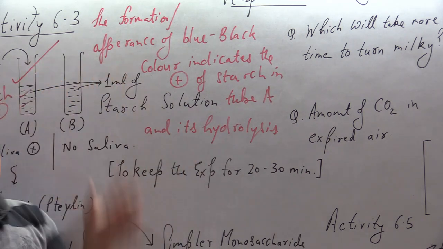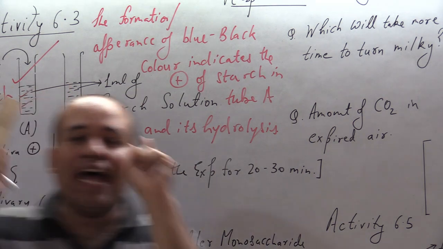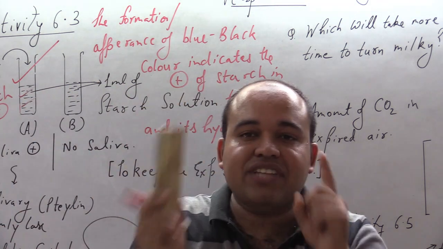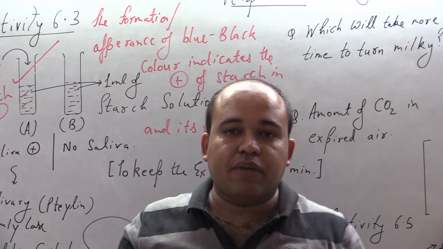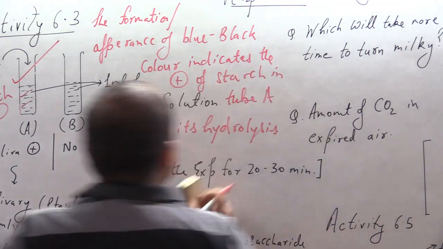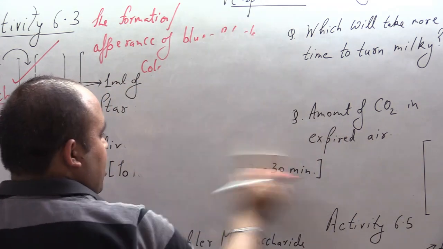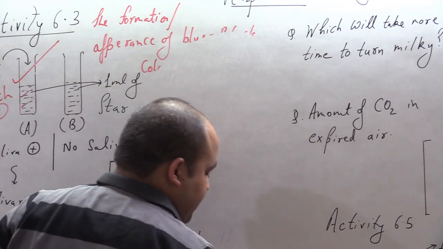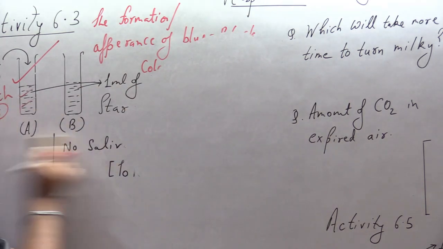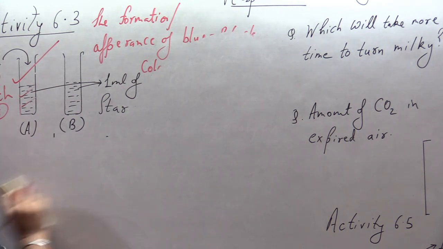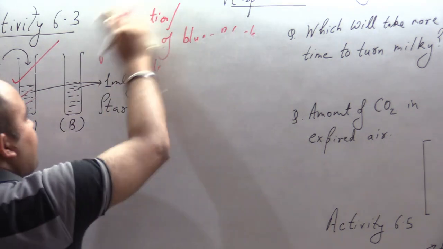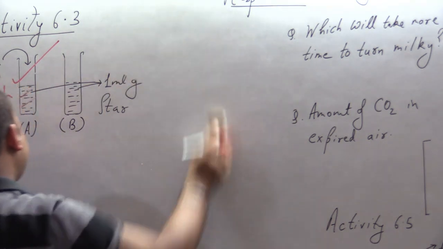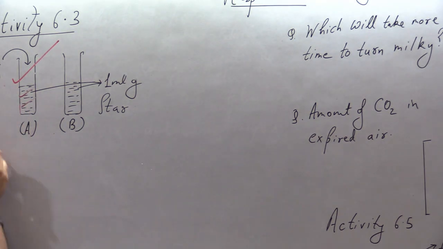So this activity clearly indicates that our saliva has the ability to degrade the carbohydrate molecules into simpler ones. So the result of this activity would be that saliva has the ability to convert the complex carbohydrates into simpler ones.